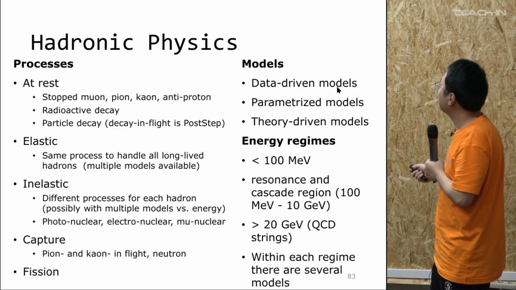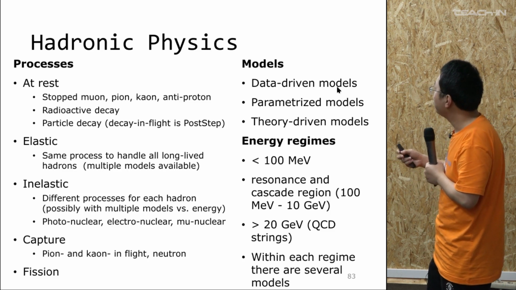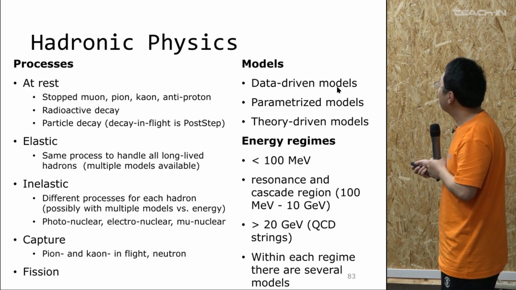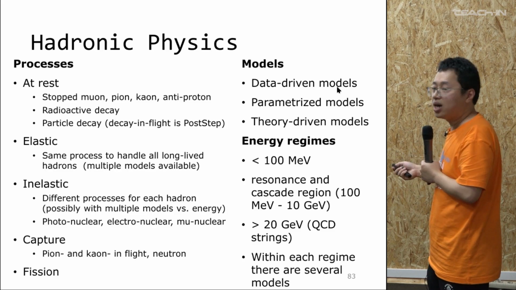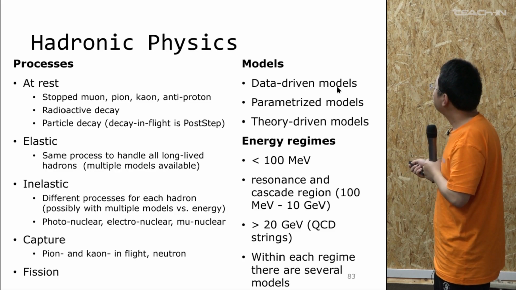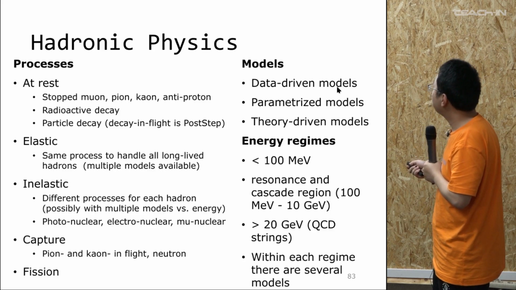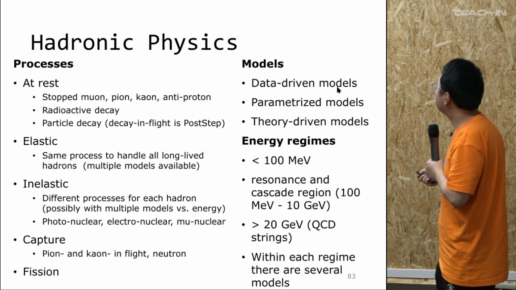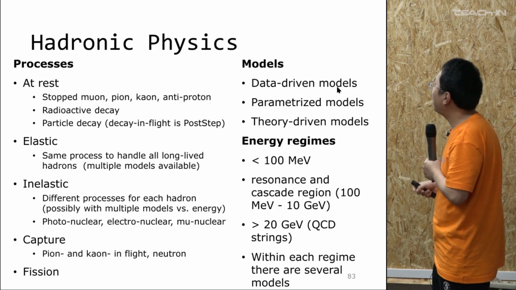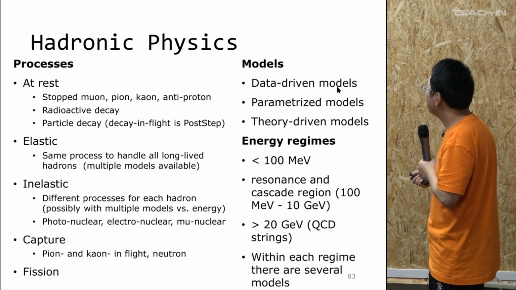And different models can also be applicable in different energy regions. So, for example, we can have some very low energy region, like less than 100 MeV. And then we can have the middle, which is mostly the resonance and cascade region. And also there will be a higher energy region, like greater than 20 GeV.